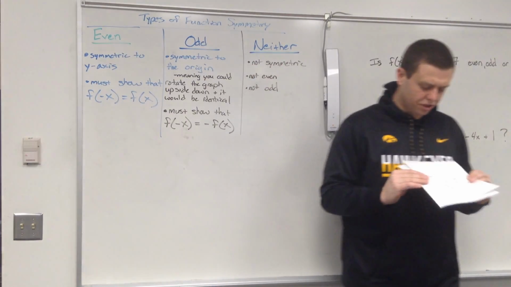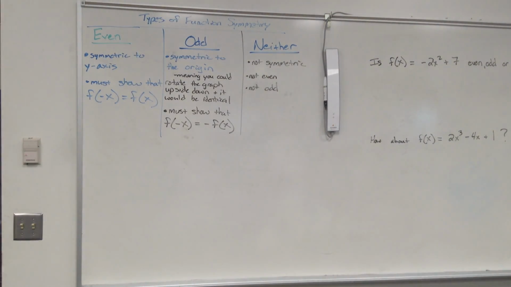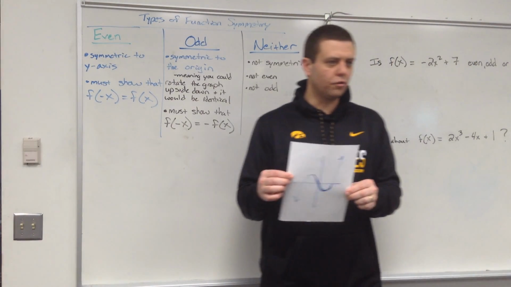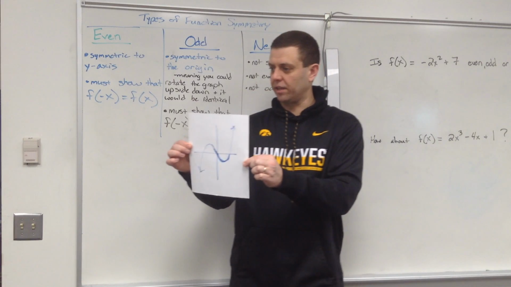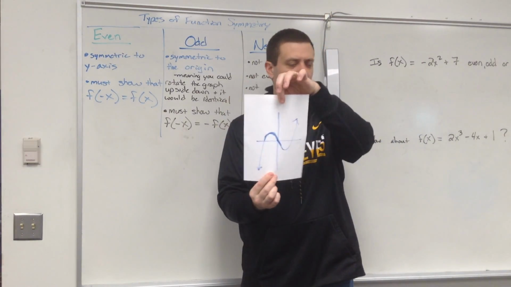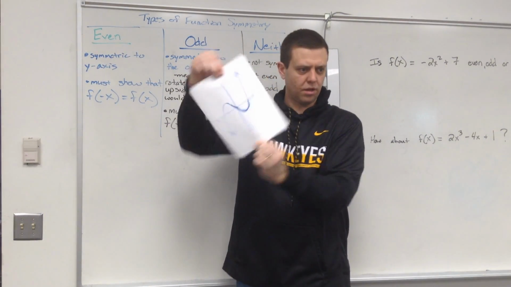An odd function is symmetric to the origin. And what I mean by that is, if I would rotate it 180 degrees or flip it upside down, so if you picked up this paper and looked at the graph like this, would it look any different if you picked up the paper and looked at it like that? Don't they look the same? This way versus this way?